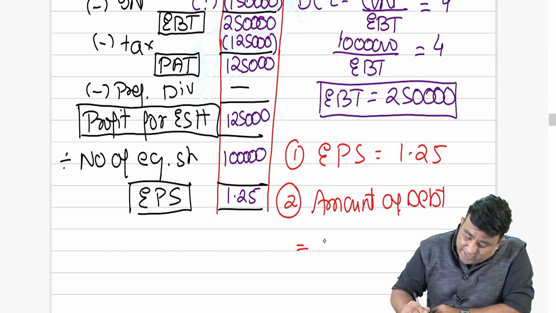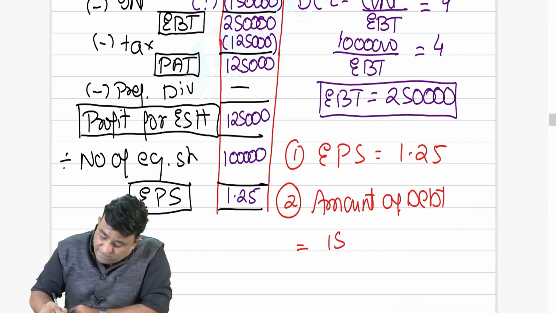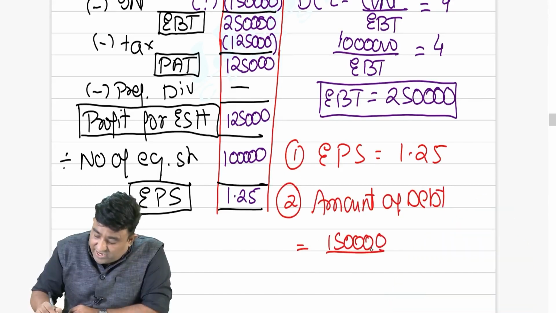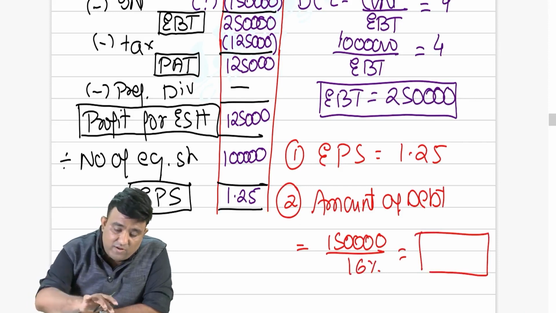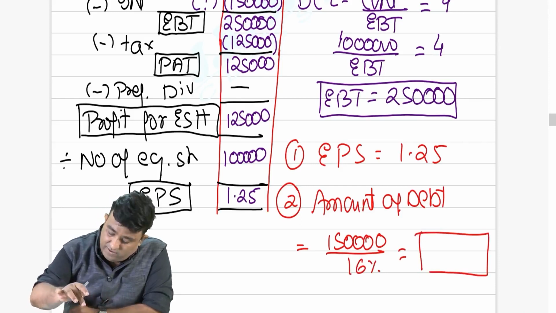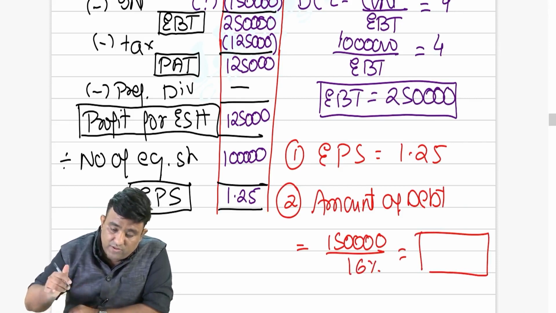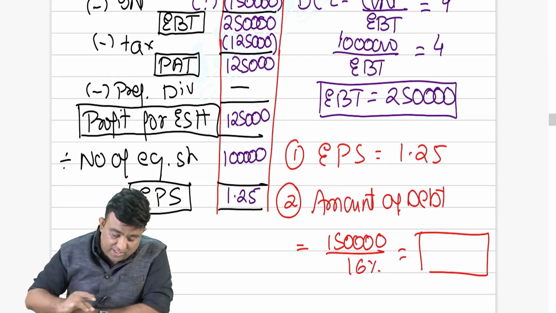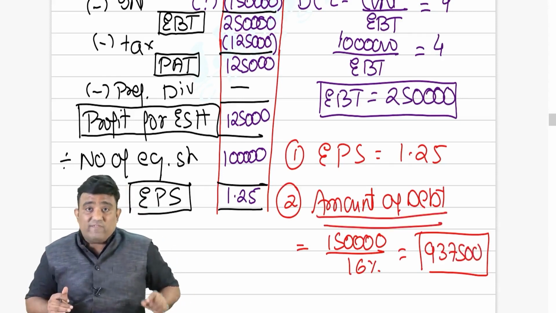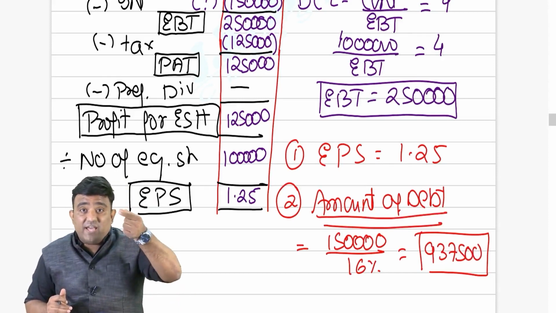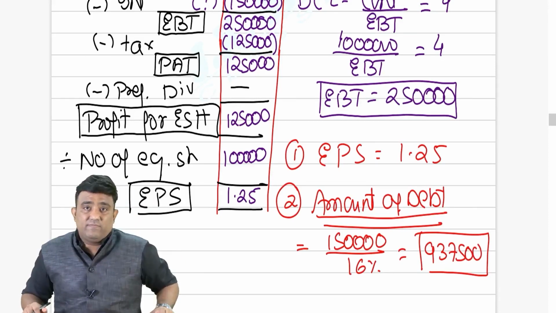Student, interest is 1,50,000. Interest rate is 16%. So can I calculate the amount of debt? 1,50,000 divided by 16% is 9,37,500. Amount of debt we have calculated with the help of interest and interest rate.